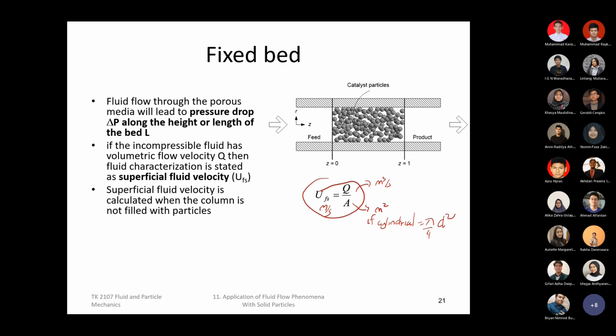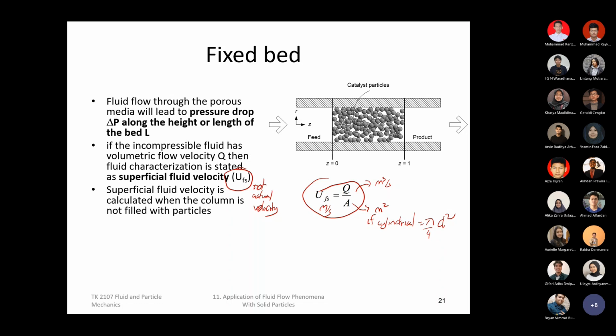Almost all of the minimum velocity calculations as well as the pressure drop calculations are calculated as a function of superficial velocity, not actual velocity. Same thing as what is used in the two-phase gas-liquid correlation.